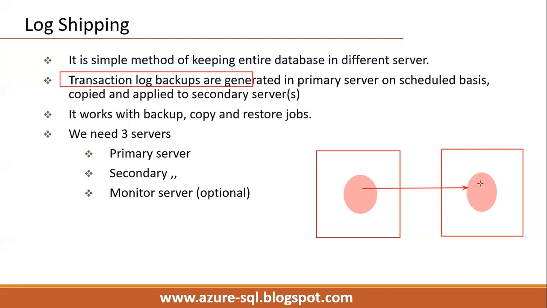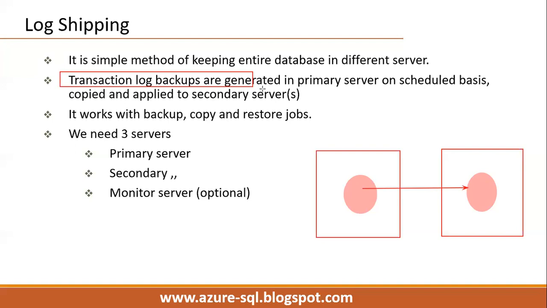Later, whatever changes are made in the primary database, I want to apply those changes to the secondary database periodically. Changes should be applied automatically. How is it applying the changes?